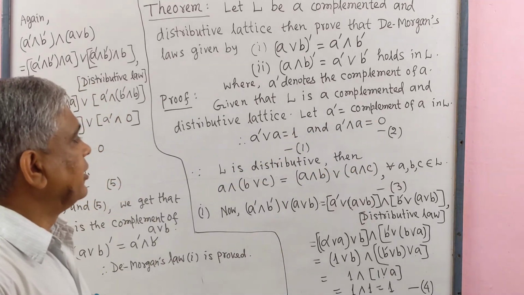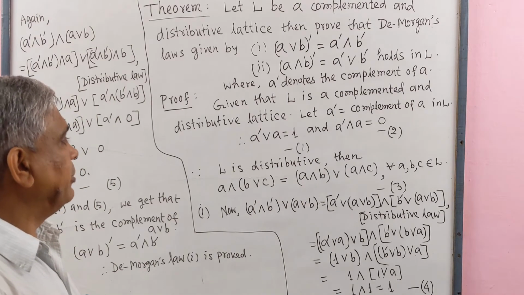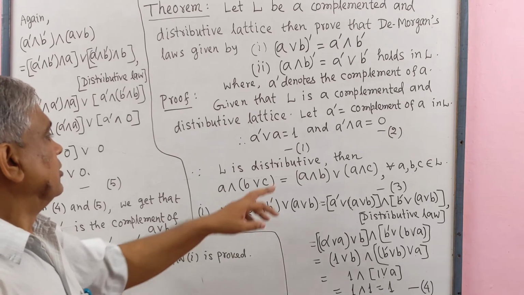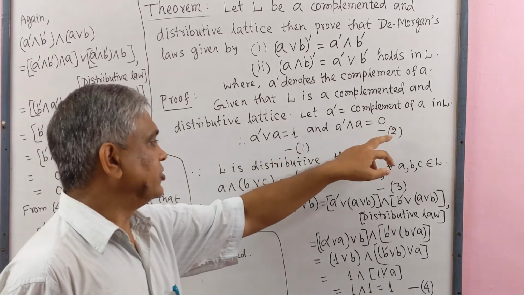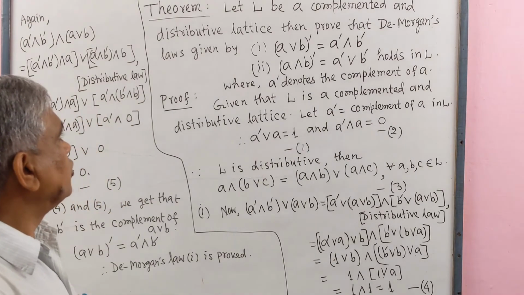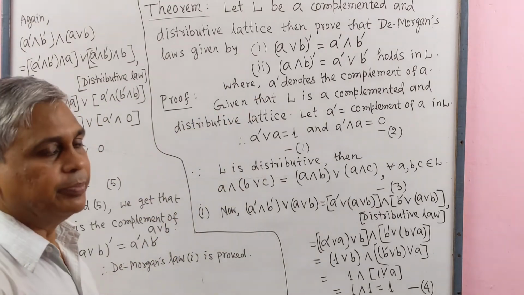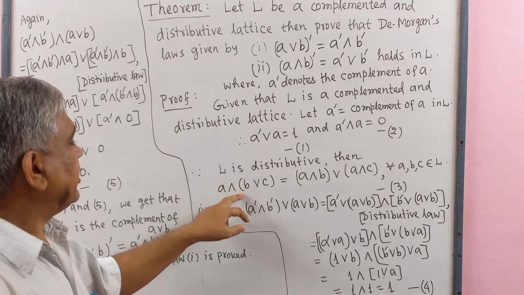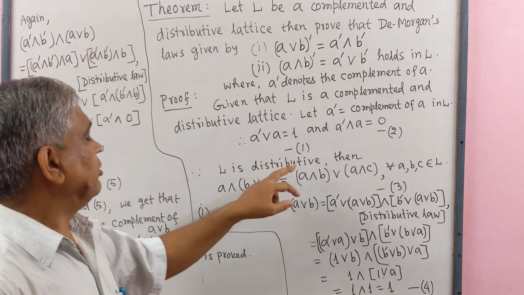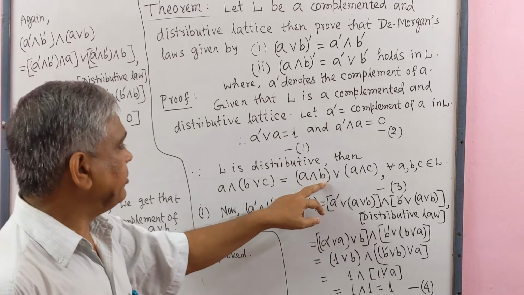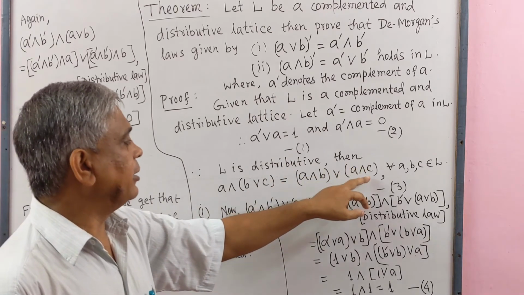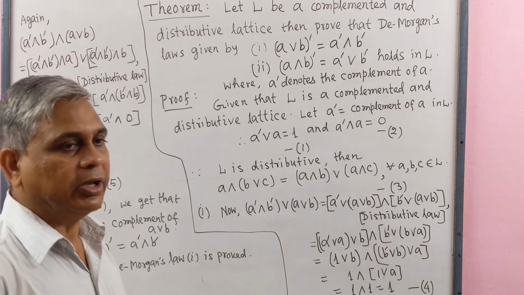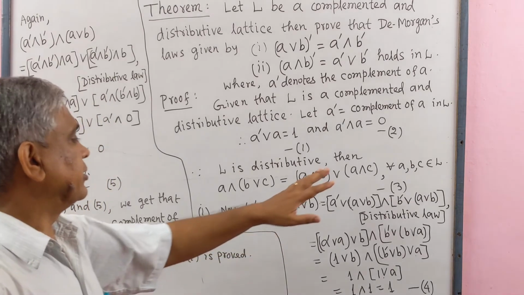This is the characteristic of the complement of an element in L. This is number 1 and this is number 2. Also given that L is distributive, therefore A meet (B join C) equal to (A meet B) join (A meet C) for all A, B, C belong to L. This is equation number 3.